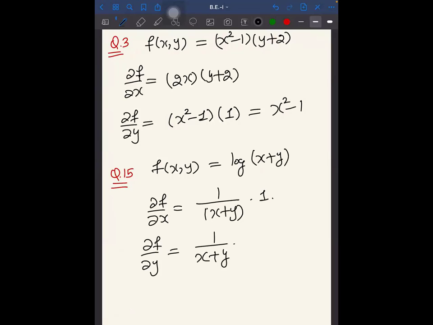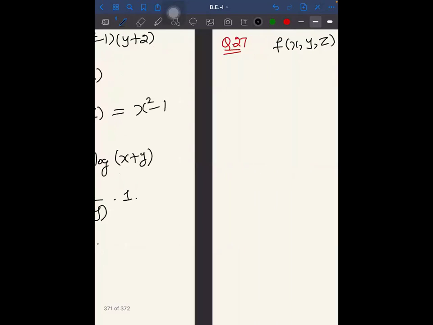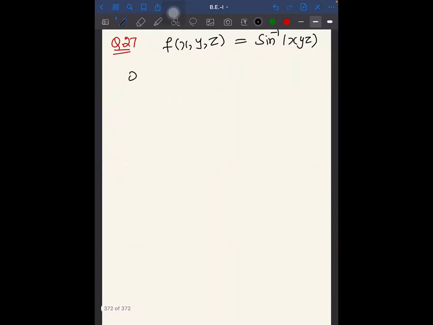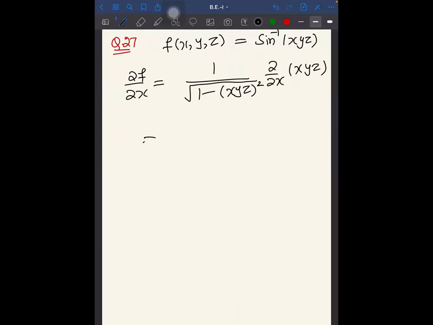So in this, what will ∂f/∂x be? What is the differentiation of sine inverse? 1 upon the square root of 1 minus x², into the partial derivative of xyz, right? So that becomes yz upon the square root of 1 − x²y²z². True?